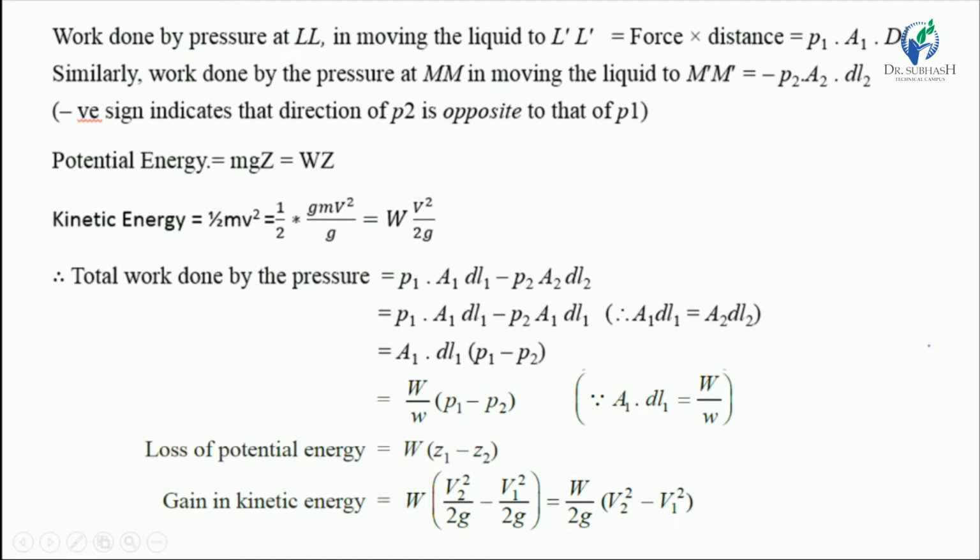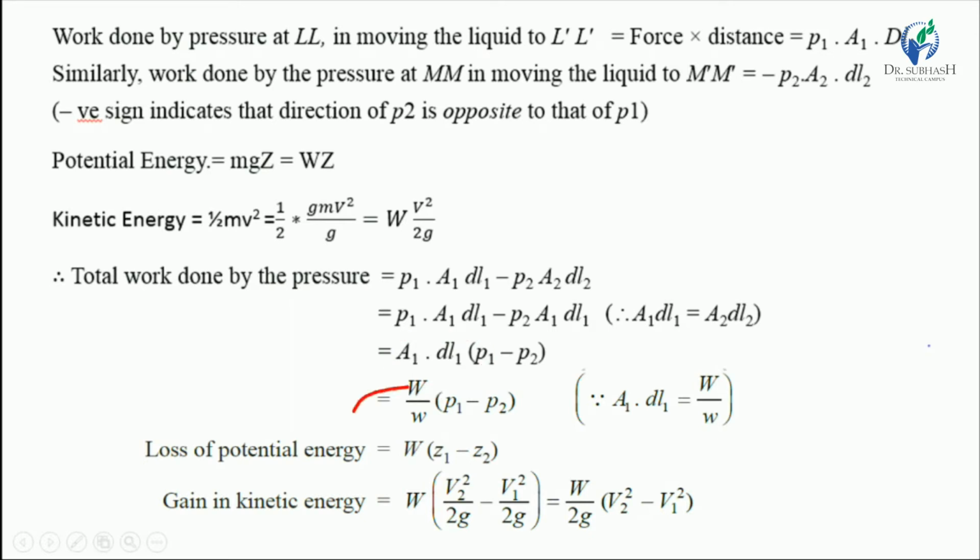We know that A1 dl1 is equal to A2 dl2, so we can take A1 dl1 common. So in the bracket only P1 minus P2.